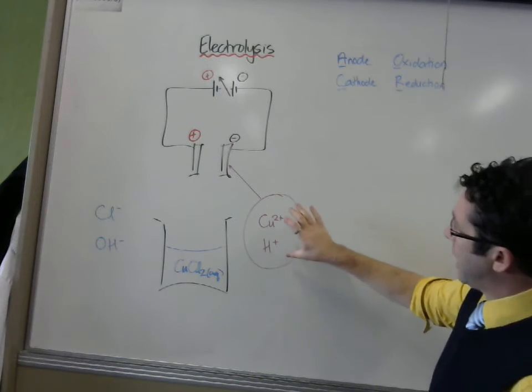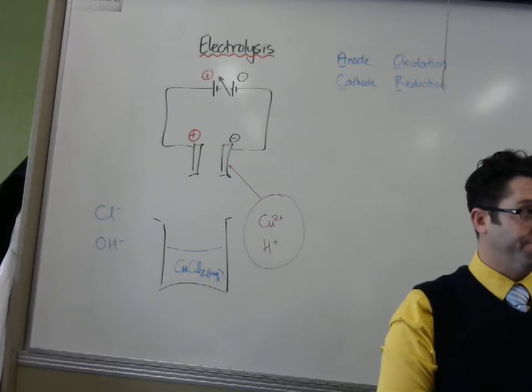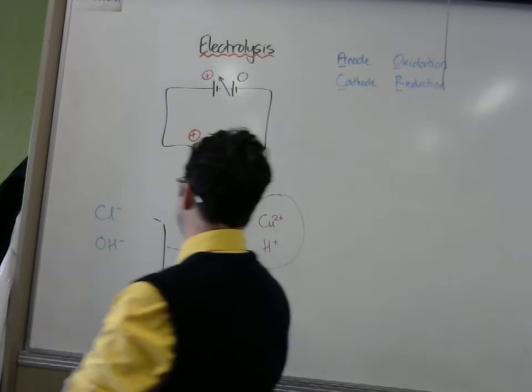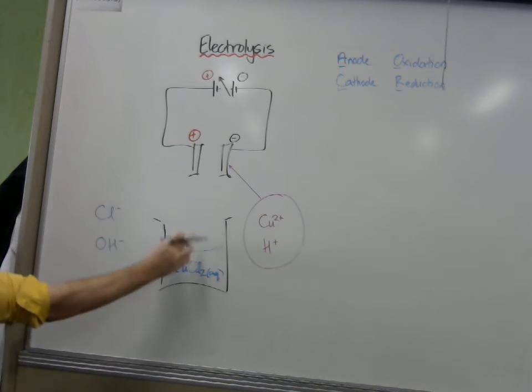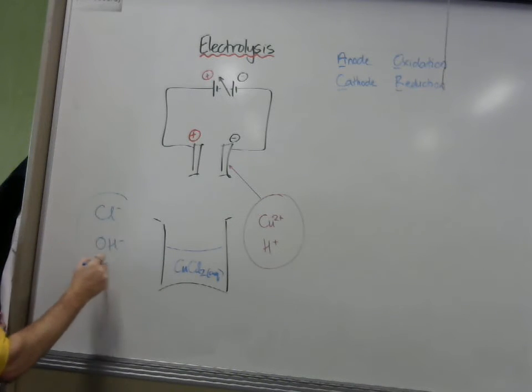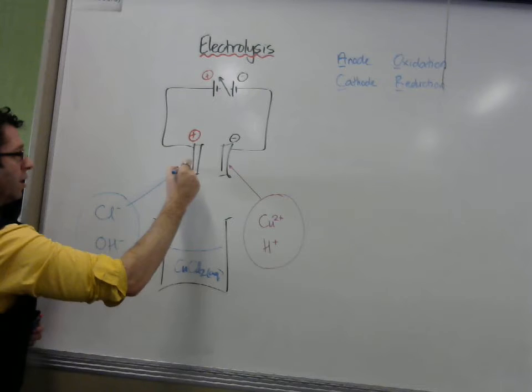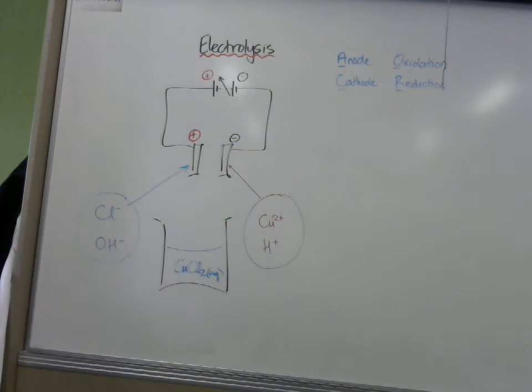It's where the cations will be attracted. Conversely, the other one must therefore be positively charged, and so when put in the solution, then they'll be attracted to that electrode, the positive one.